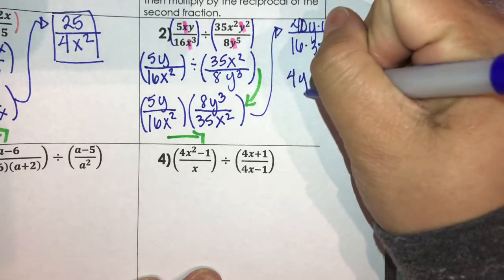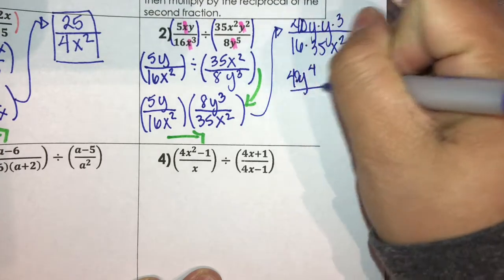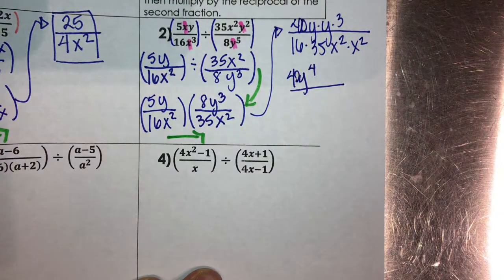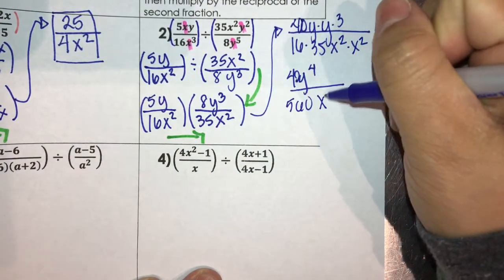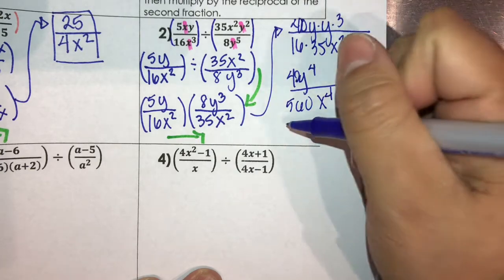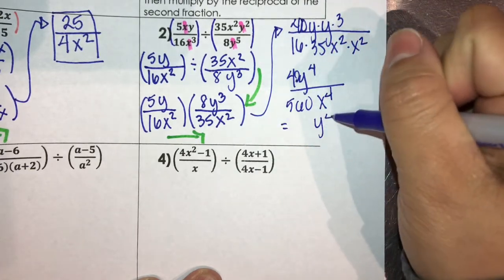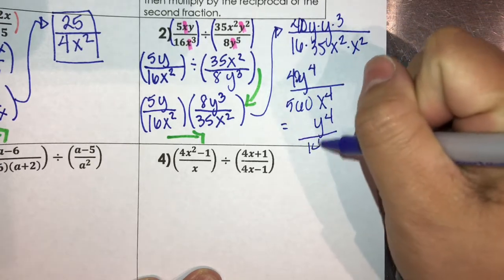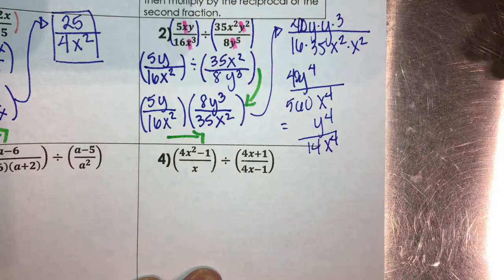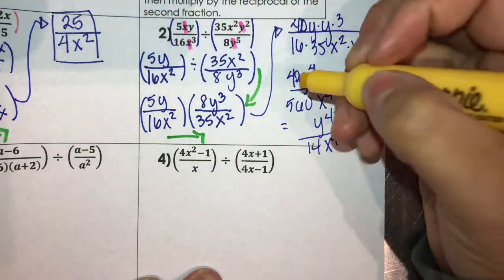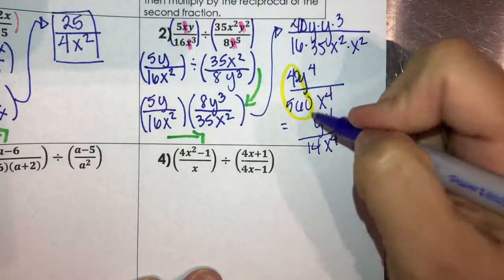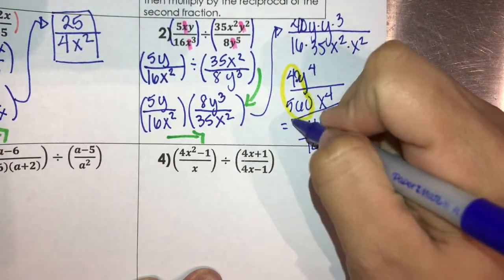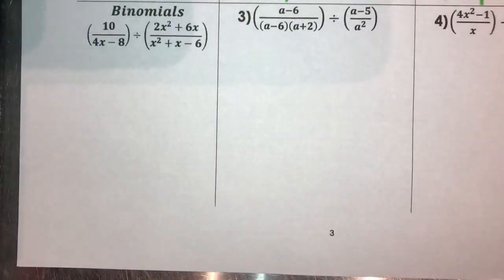I get 40y to the 4th divided by 560x to the 4th, and I simplify to y to the 4th over 14x to the 4th, because 40 divided by 560 is 1 over 14. This is my solution.